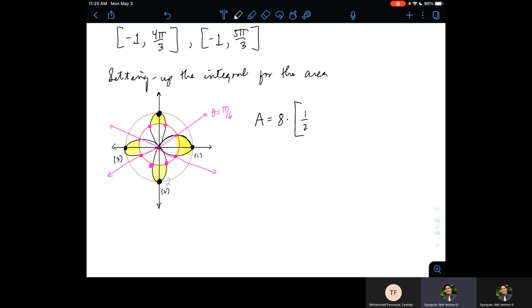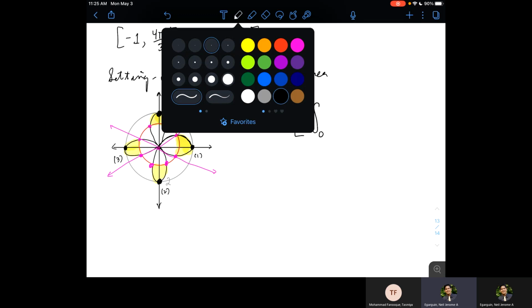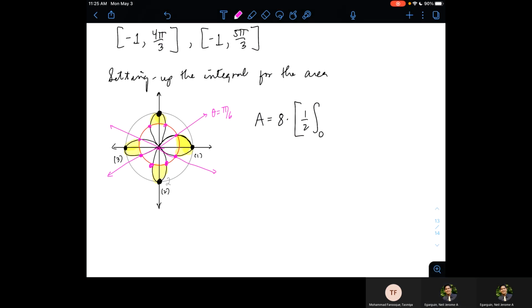So there's a mainstay 1/2, and then I'll have an integral from 0. Remember, I'll just be integrating from the polar axis, that's theta equals 0, until pi over 6, because we will multiply this by 8, right?